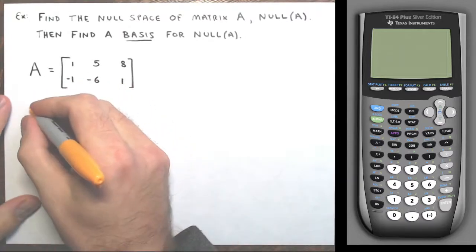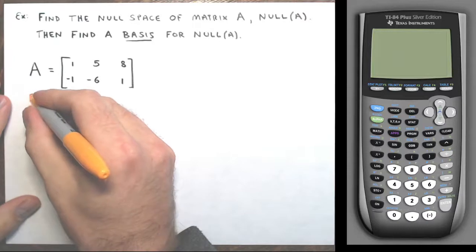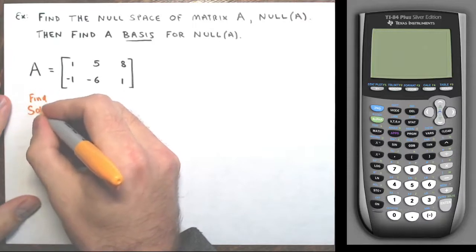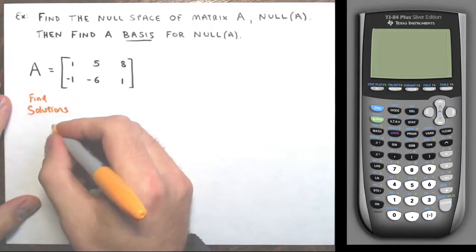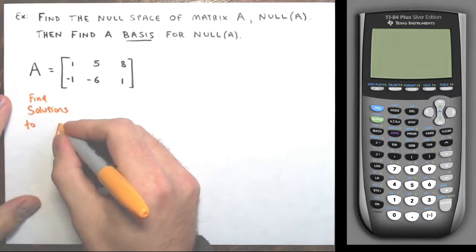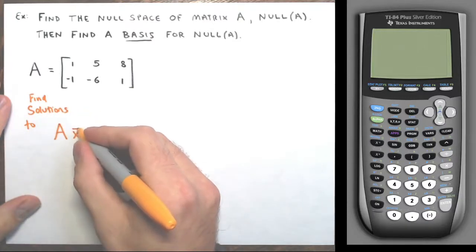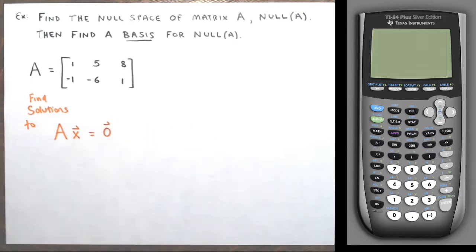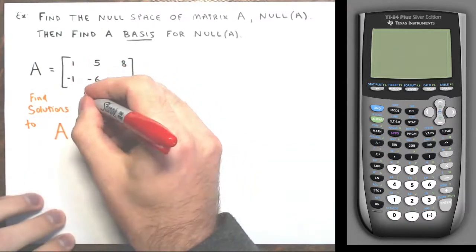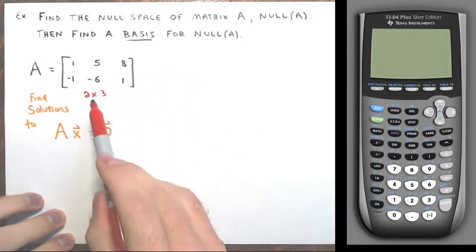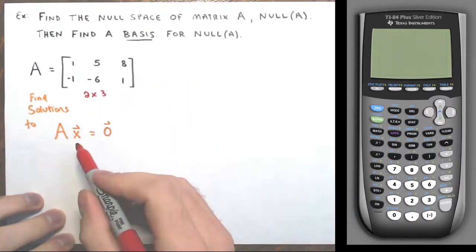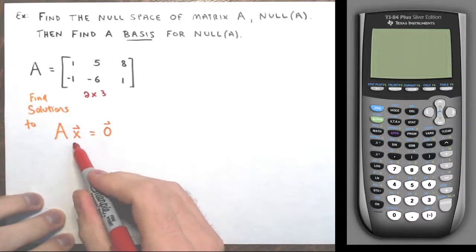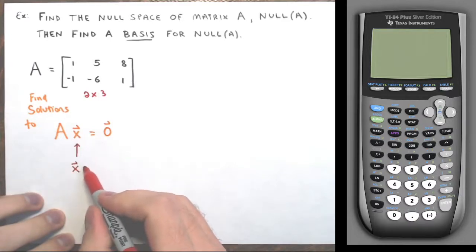What we're trying to do here is find solutions to this equation: A times some column vector x equals the 0 vector. Now look at the matrix I'm given here. This is a 2 by 3 matrix, 2 rows, 3 columns. So if A is a 2 by 3, that means this x needs to have 3 rows.